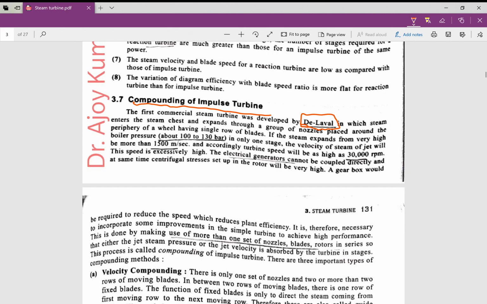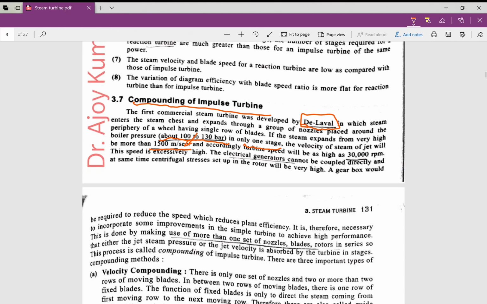the same shaft. Now, if steam pressure coming from the boiler is, let us say, about 100 to 130 bar, that is in only one stage. The velocity of jet could be more than 150 meter per second at this pressure.